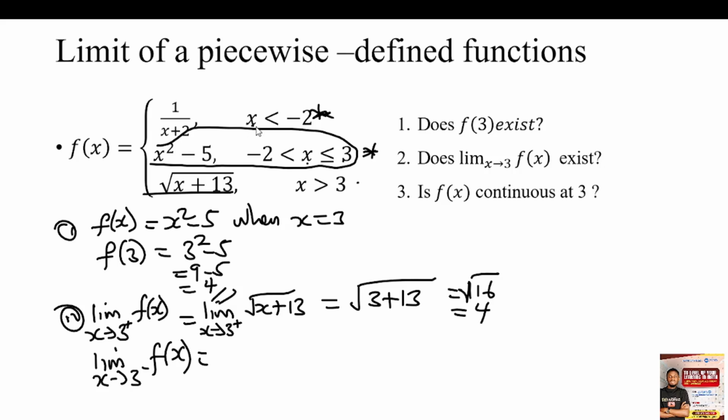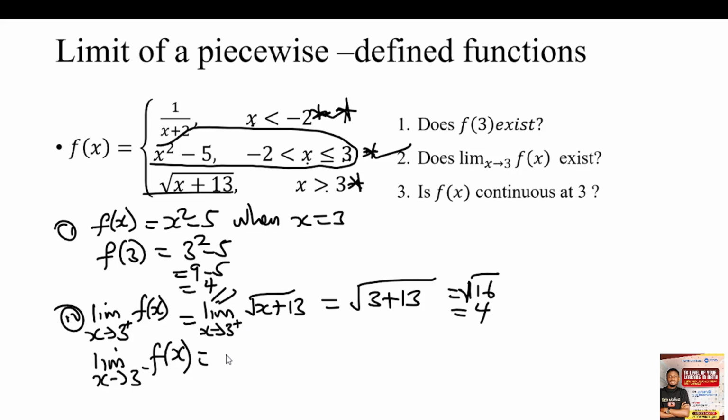When you check this one, x is less than negative 2, so this one is not satisfying our condition. Then we check this one, x is greater than negative 2, x is less than or equal to 3. And the third one is x greater than 3, so this one too is disqualified. Now you can clearly see that it's the second part of the piecewise function that satisfies this condition.